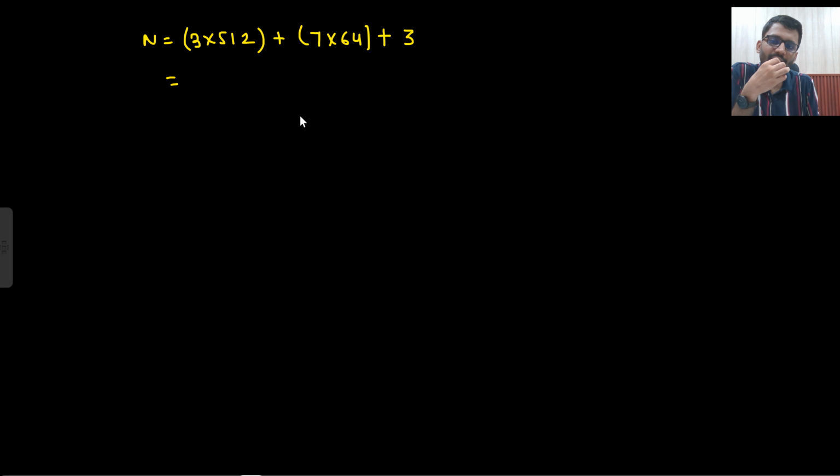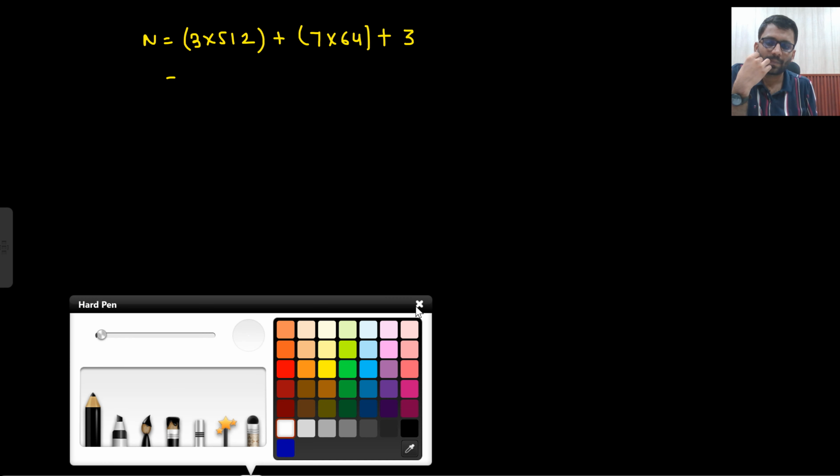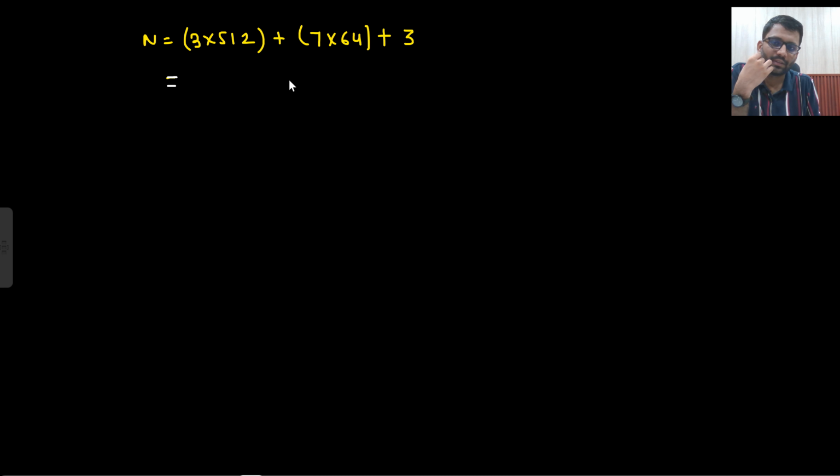One thing I can sense here is that this is 8 to the power 2, right? This is 8 to the power 2. And this can be written as 8 to the power 0. So there has to be 0 into 8 to the power 1. That's why there is no term of 8 to the power 1. Plus this is 3 into 8 to the power 0.